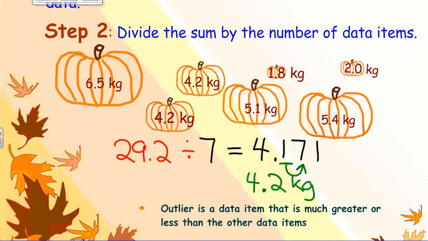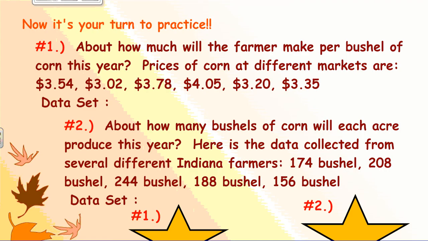Let's move on to the next page. Now it's your turn. Go ahead and try these 2 problems, and then we'll check over your answers. Pause the screen, work out one or both of the problems, and then I'll give you the answers to see if you're right. Go ahead and pause the screen.